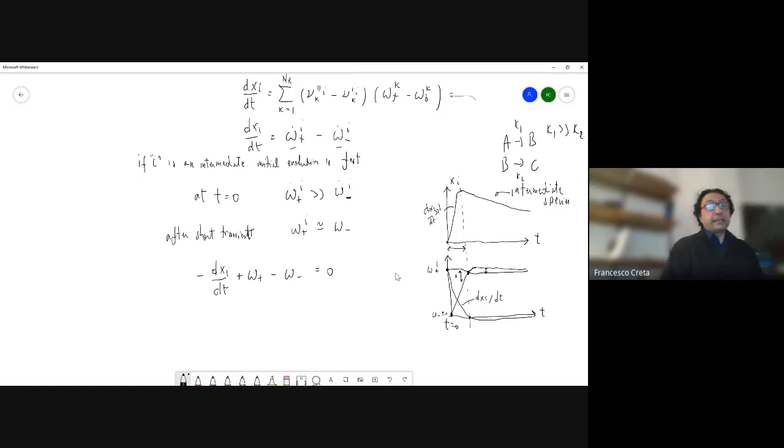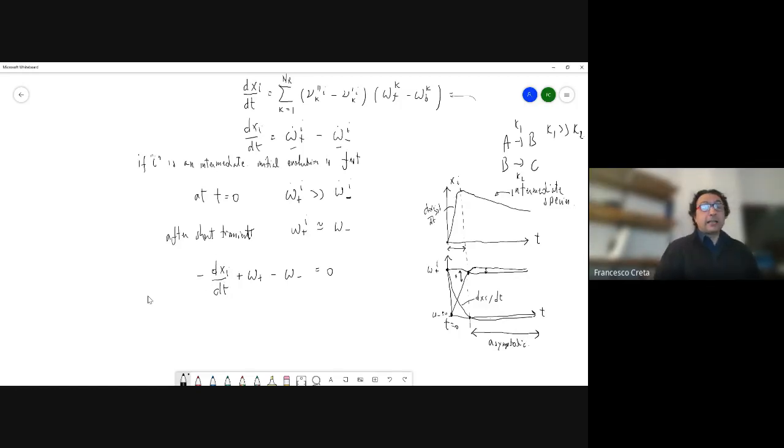And what we can say from this equation, if we look at this picture here at the bottom, is that in this region here, which we call the asymptotic region, what can you say about this equation? Well, look at the terms. We have two big terms, omega plus and omega minus, and then we have a very small term.